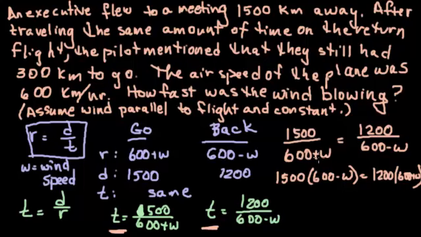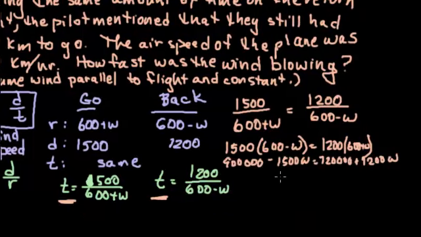Alright, distributing and cranking all these numbers out, you're going to end up with 900,000 minus 1,500W equals 720,000 plus 1,200W.